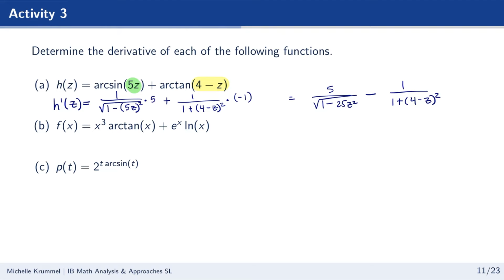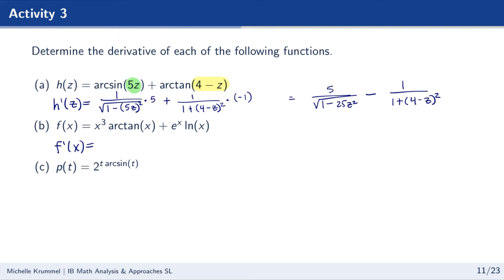The next one, f of x equals x cubed arctan x plus e to the x ln x. So we're going to use a combination of product rule, power rule, the arctan rule, the exponential rule, and the natural log rule. We've got a lot of rules there. F prime of x equals, so we start with product rule for this first term.